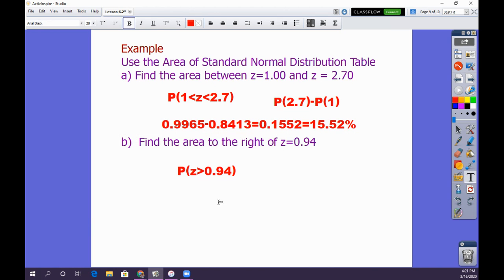I could do 1 minus the probability of 0.94. Looking at 0.94, that would be 0.8264. So 1 minus 0.8264 would equal 0.1736.